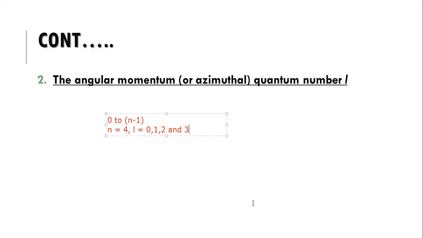The angular momentum or azimuthal quantum number explains the shape of the orbital. It clearly says the shape.